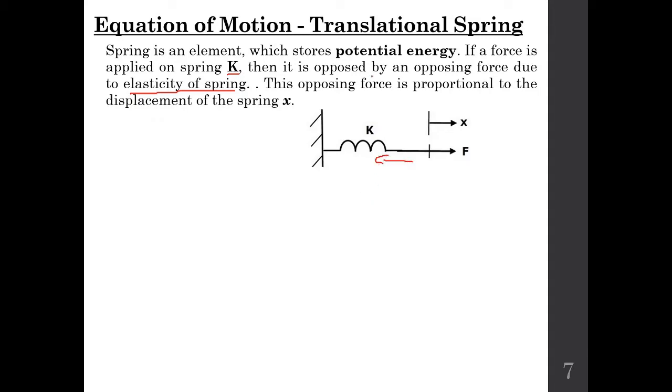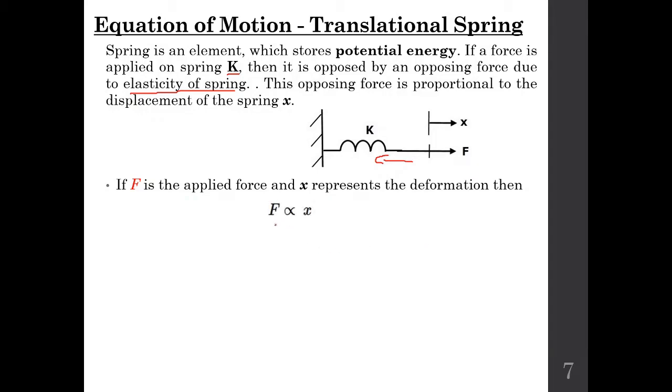So using this definition, we can say that if F is the applied force and x represents the deformation or the displacement, then the applied force F is proportional to x. That is, the more the displacement, the more will be the force. Or if we want to replace that with the spring constant, then we can rewrite this equation as f of k is equal to k into x.